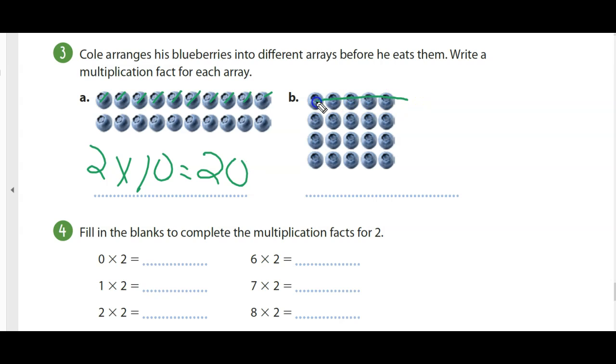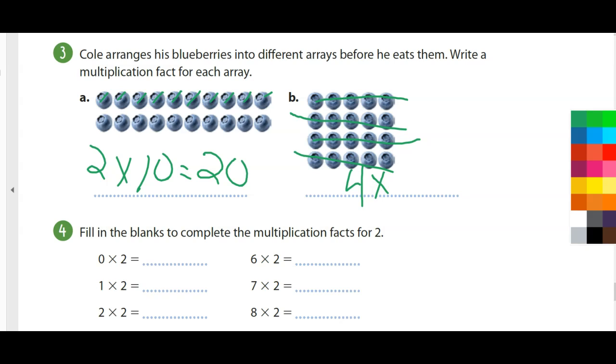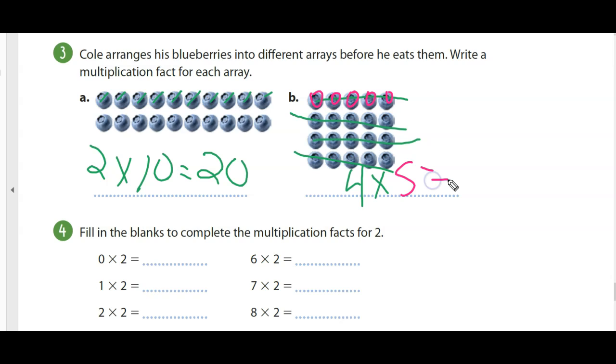See, I have 1 row, 2, 3, 4. 4 rows. And how many in each row? 5. See, 1, 2, 3, 4, 5. So 4 times 5 is 20. That's another way to do it. Okay. For the 4 and 5, let's do them together.